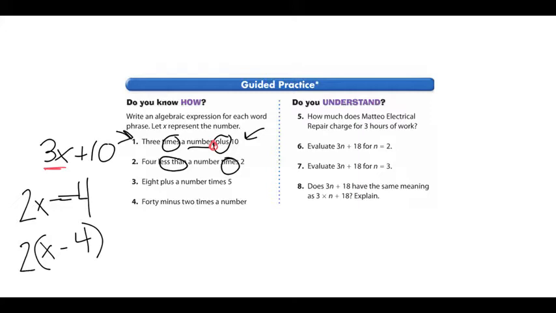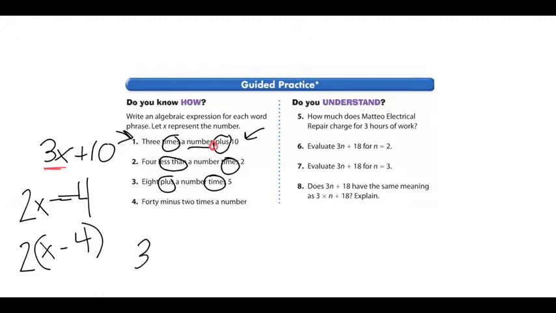So see how it can be interpreted differently. You can get different answers once you are ready to plug in numbers, and so that could be confusing. Okay, number 3, it says 8 plus a number times 5, so addition and multiplication. Okay, so let's write that down here.